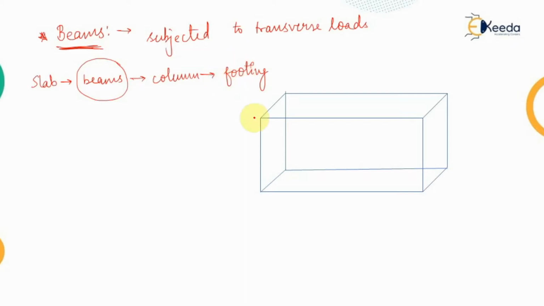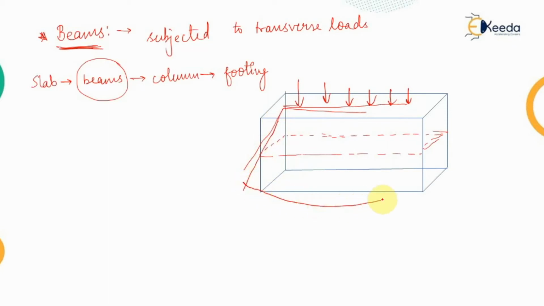So let's say this is a three-dimensional view of the beam. If we look at this section which is present at the mid portion of the beam, and if these are the loads present on this beam section, then under these loads the topmost member will be subjected to compression while the bottommost part will be subjected to tension.